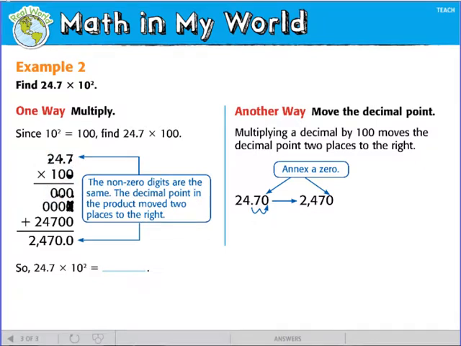And then there's a placeholder, and then they go the same thing. 0 times 7 is 0, 0 times 4 is 0, 0 times 2 is 0, and then they have 2 placeholders. Okay? Then they come through and they go 1 times 7 is 7, and 1 times 4 is 4, 1 times 2 is 2. You add all this up, well, these zeros don't matter when you're adding. So we have 0, 0, 7, 4, 2. Then we count our decimals. How many decimal places are there? 1. So I count in 1. There's my decimal. So I have 2,470.